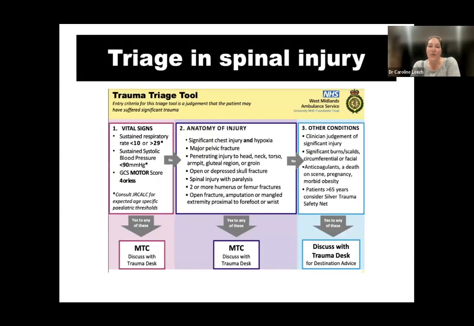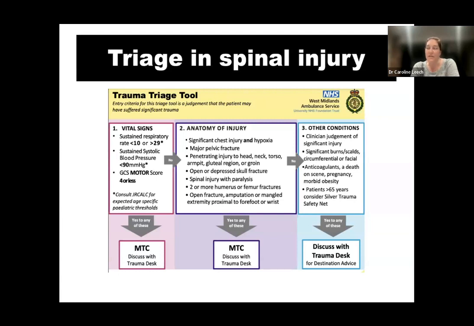So where does triage come in for spinal injury? Most of the triage tools are quite similar. So it's stage 2 on anatomy of injury, and most of the tools will say spinal injury with paralysis. We get a lot of patients who say that they've got pins and needles in their arms, or in their hands and feet.